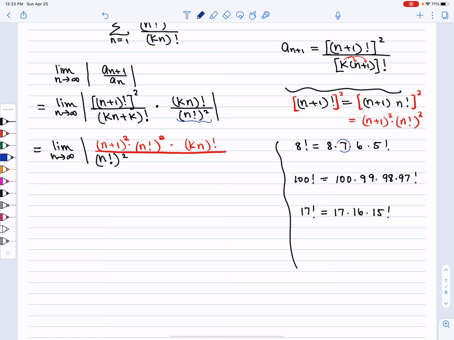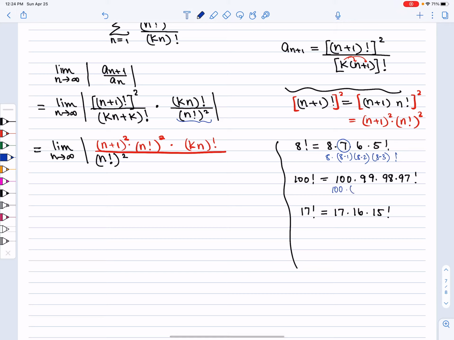So this 7 is really 8 minus 1. The 6 is 8 minus 2. The 5 is 8 minus 3. So you have 8 times 8 minus 1, 8 minus 2, 8 minus 3 factorial. So the 100 really is 100.